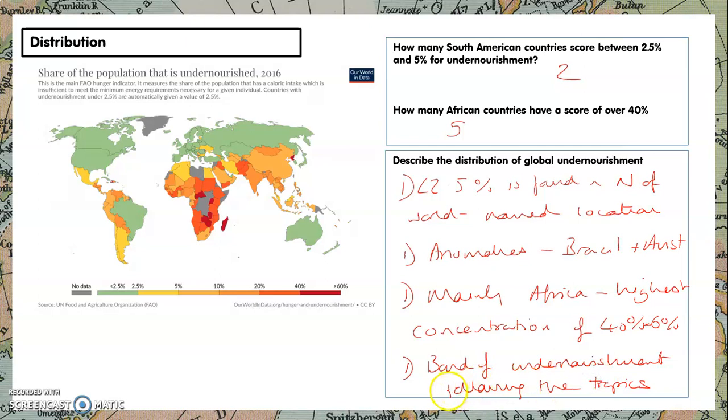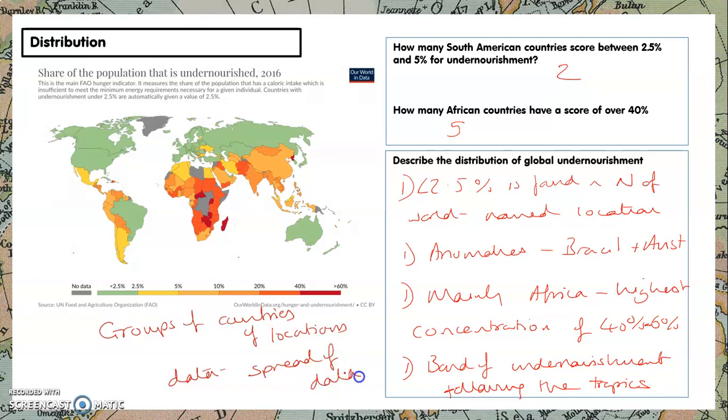It doesn't want any explanation at all. All it wants you to do is point out the distribution. The key learning aspect is that you need to name groups of countries, or locations. You must have data, and you must show a spread of data as well.